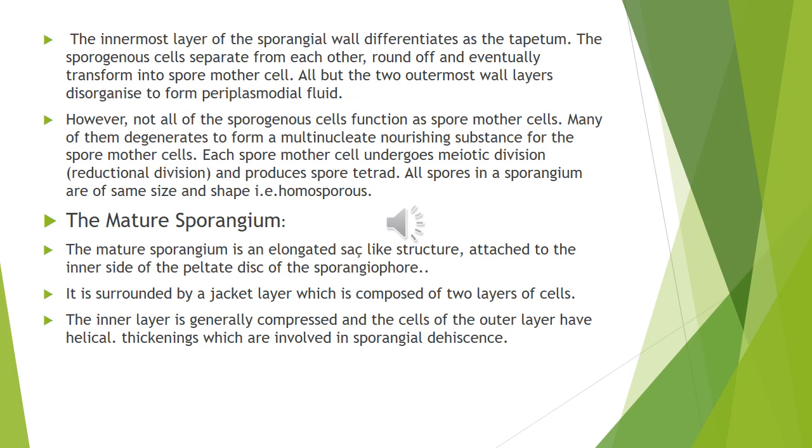The inner layer is generally compressed and the cells of the outer layer have helical thickenings, which are involved in sporangial dehiscence. That means these thickenings are a special type, called helical or zigzag thickenings, and they are helpful for the dehiscence of spores.